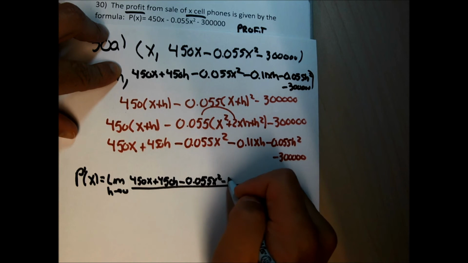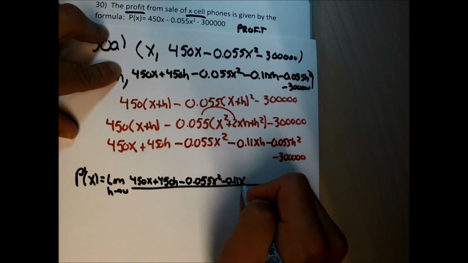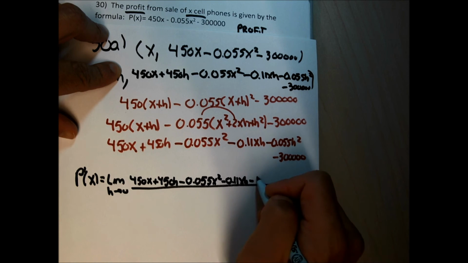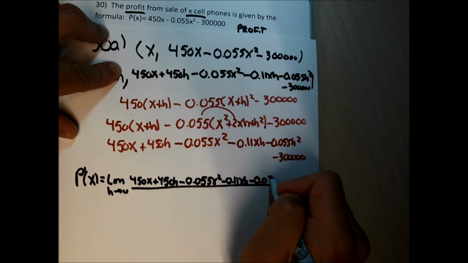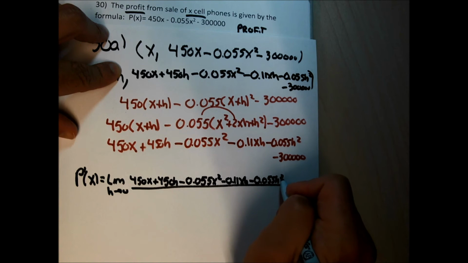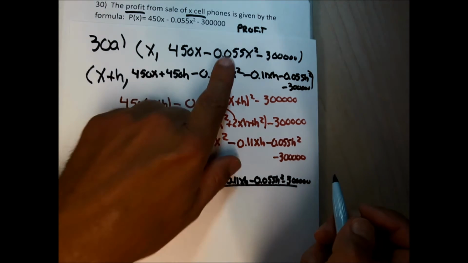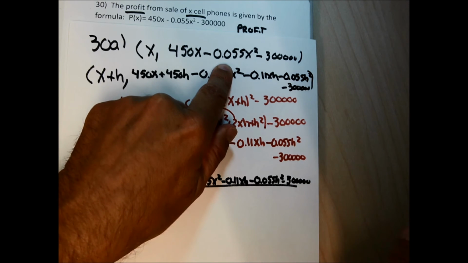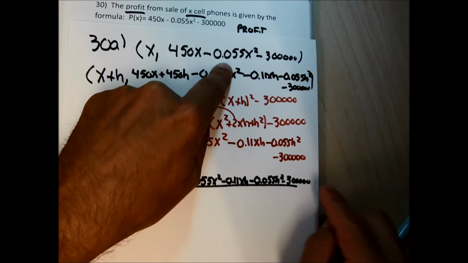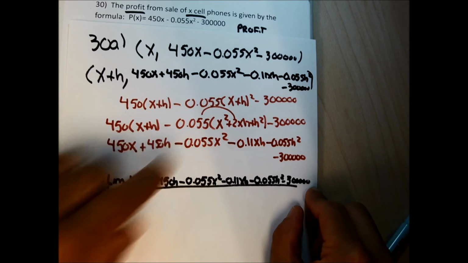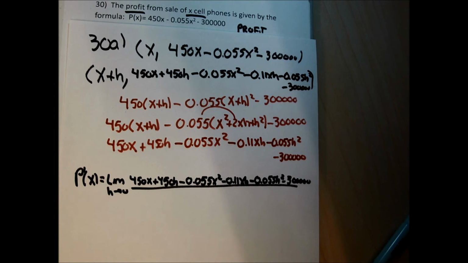Gosh darn, it's long. And then I need to go minus y1, and I don't have room to put it horizontally. I'm going to stack these right where they need to be stacked.